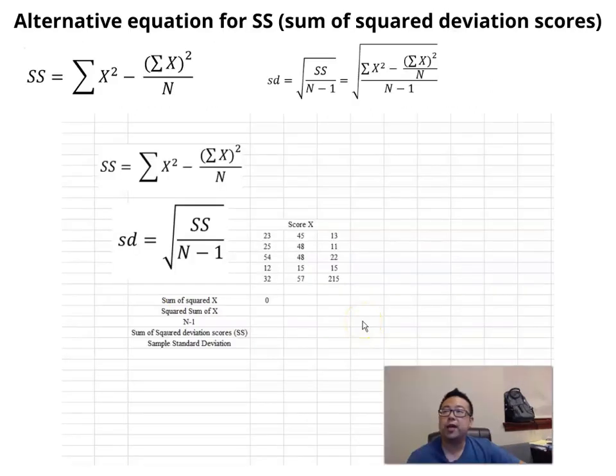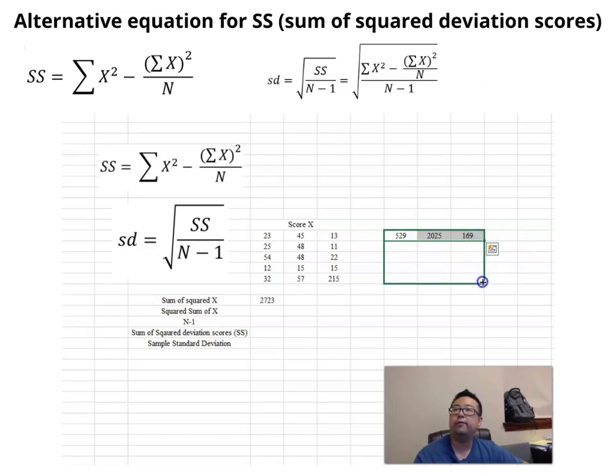So this is the application of the alternative equation when you have many cases. You can start from the sum of the squared x's. The squared x's can be created by taking your numbers and squaring them.